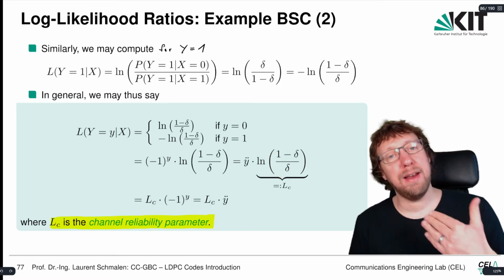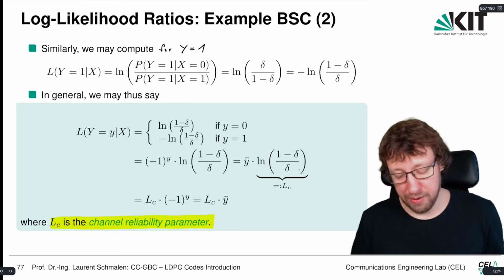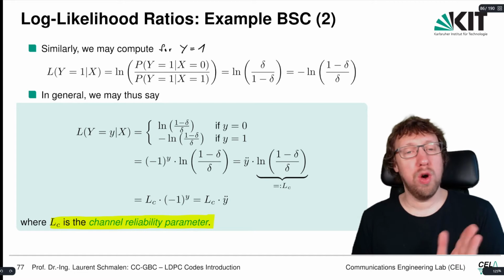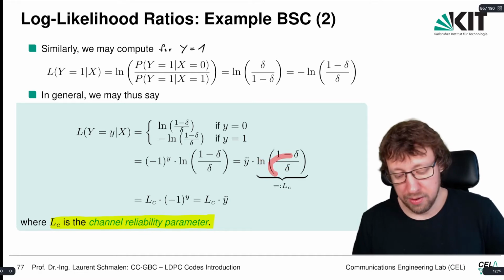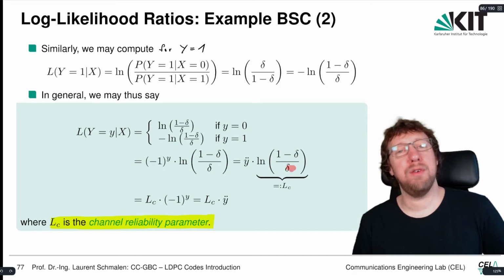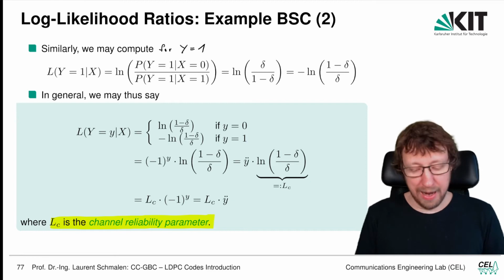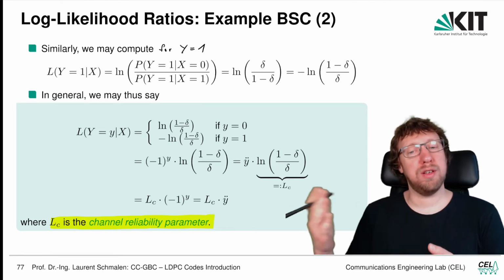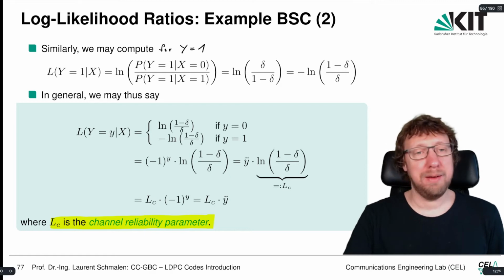So it's tending towards infinity. And if delta is 0.5, which is the worst possible channel, then this is equal to 0. So this is 0.5 divided by 0.5, log of 1 is equal to 0. So LC defines how good or bad the channel is, the channel reliability parameter.